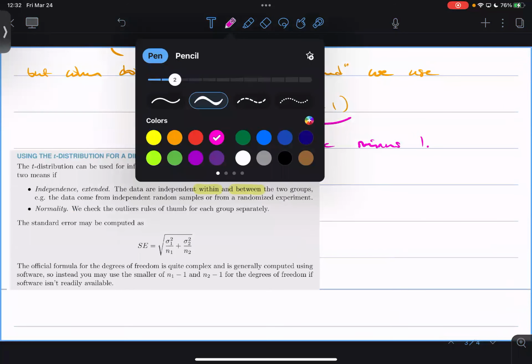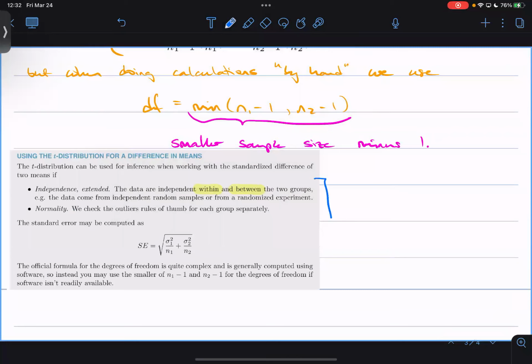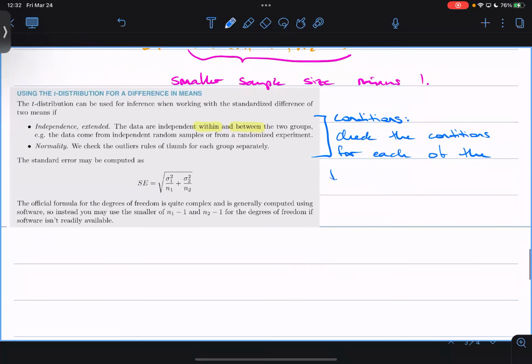So here, in terms of the conditions, I'm just going to generalize it as check the conditions for each of the two samples. It's basically what it's saying.